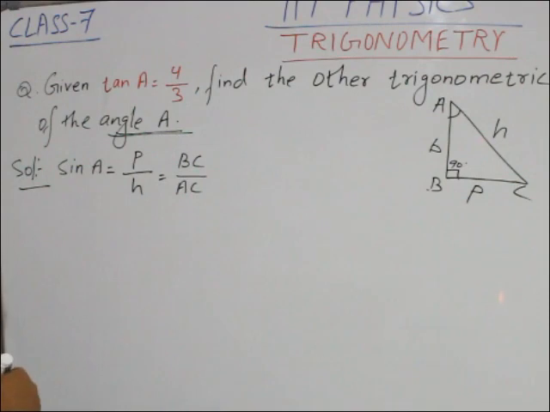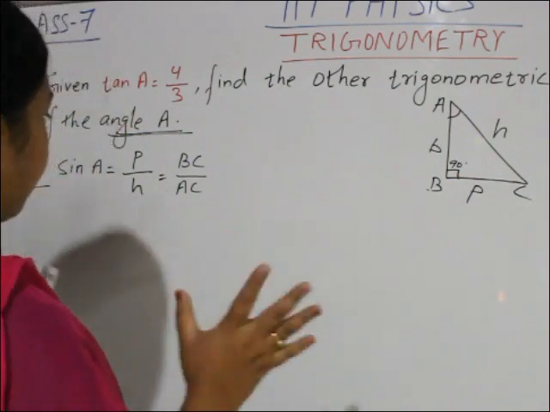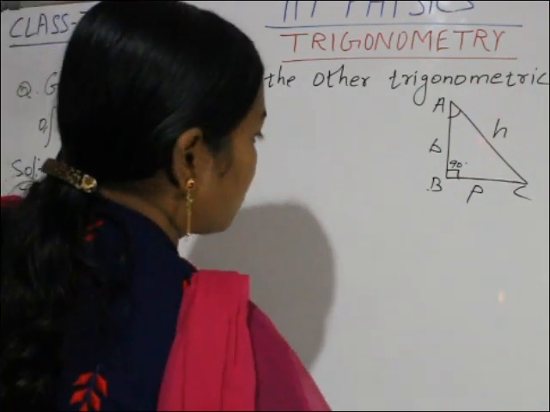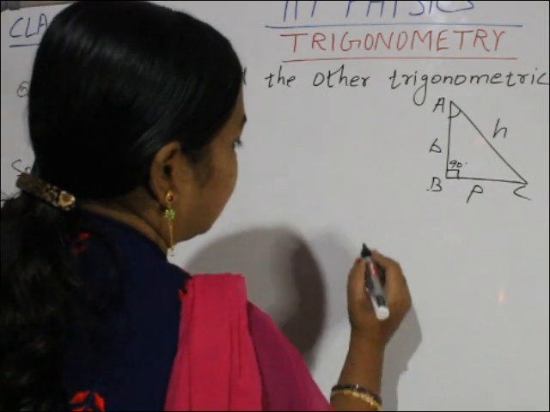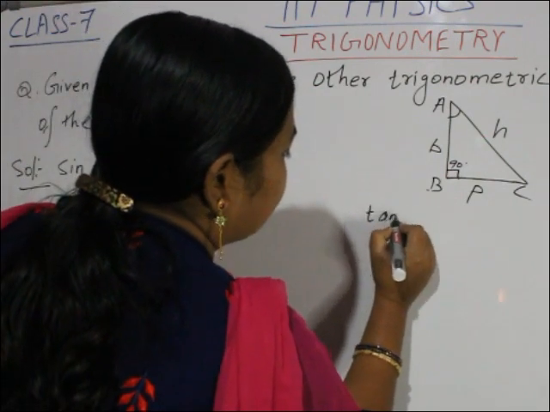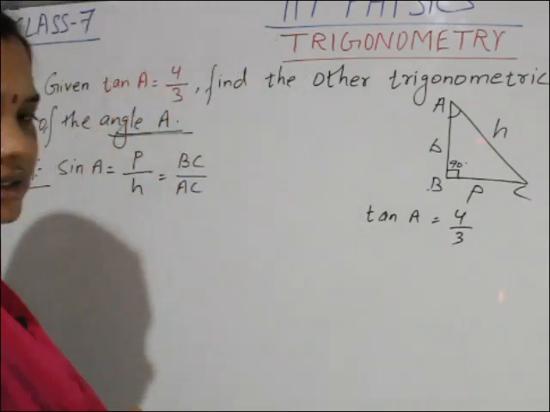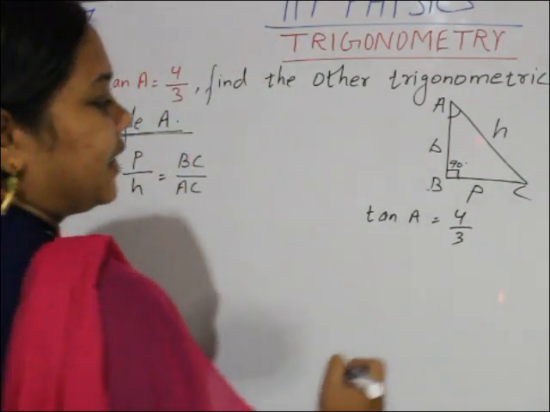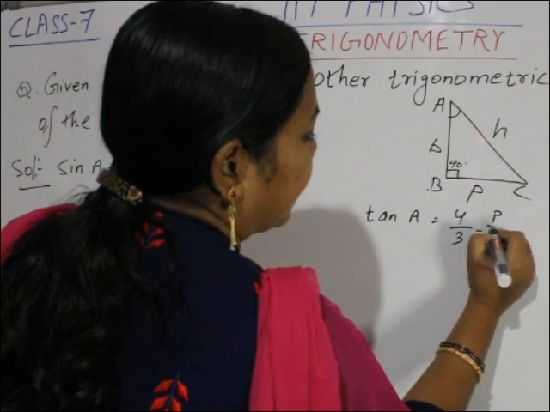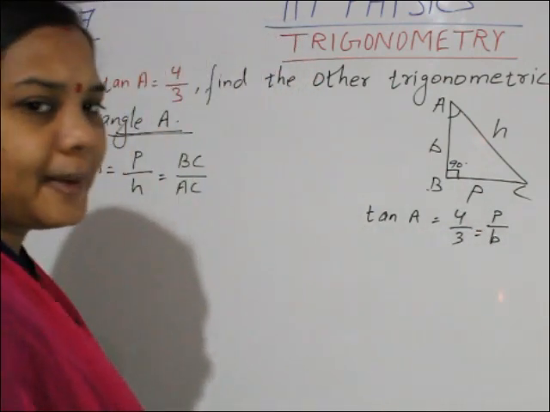But here you have to find the value. Tan A equal to 4 by 3 is given. So here one thing you have to do first. Tan A means P by B, perpendicular by base.